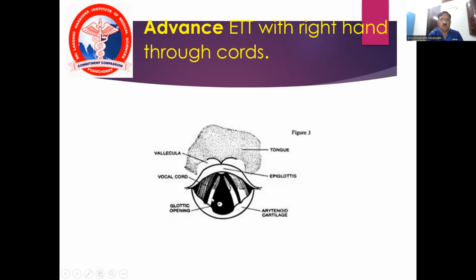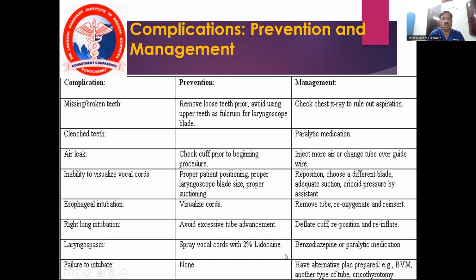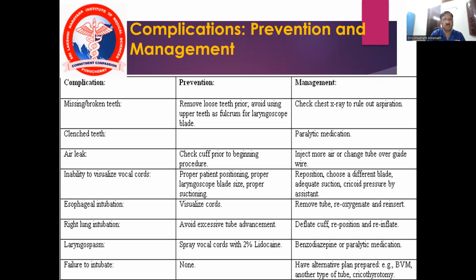These are the true vocal cords. Between the vocal cords, you have the glottic opening. The endotracheal tube can be fixed with the fixing device.